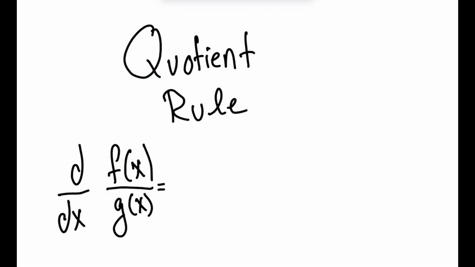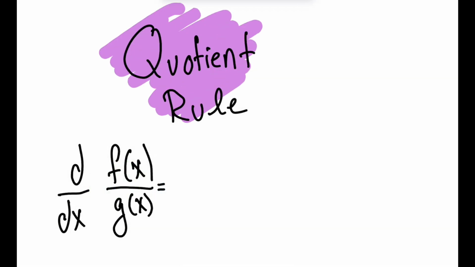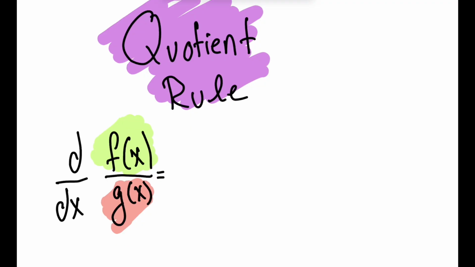Our last rule that we're going to be doing in this video is the quotient rule. This time, instead of having two functions being multiplied to each other, we have a function being the numerator, and we have another function being the denominator. And if we have these two functions in a fraction where one of the functions is the numerator and another function is the denominator, we can write the derivative like this.